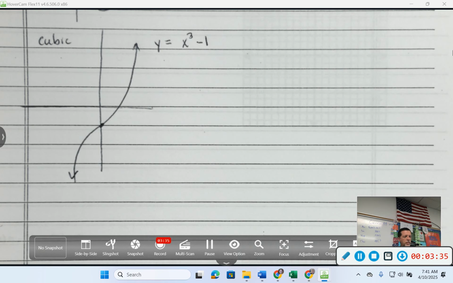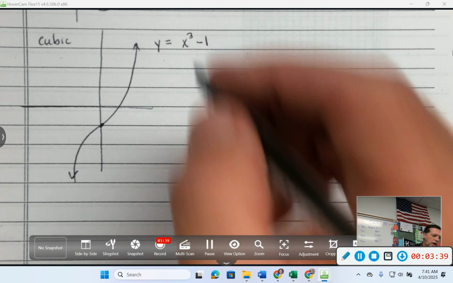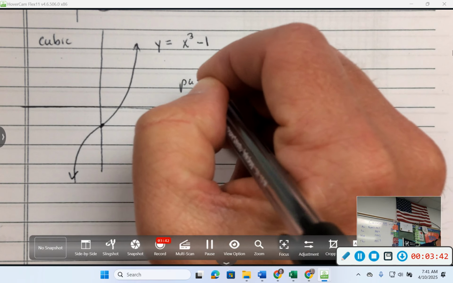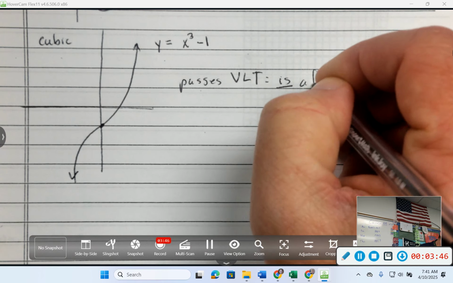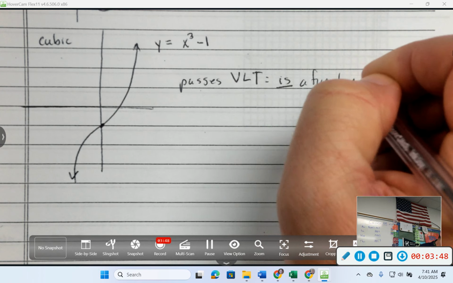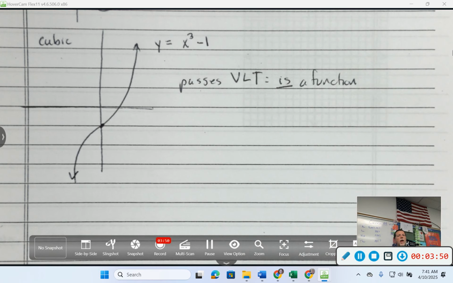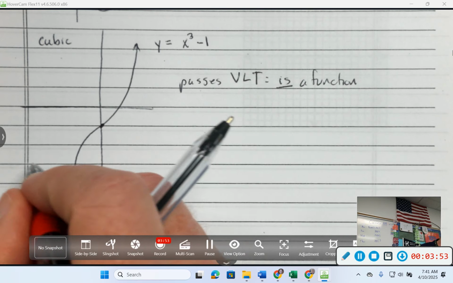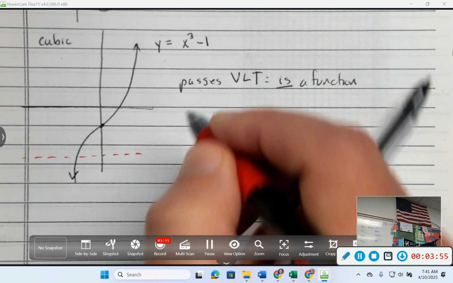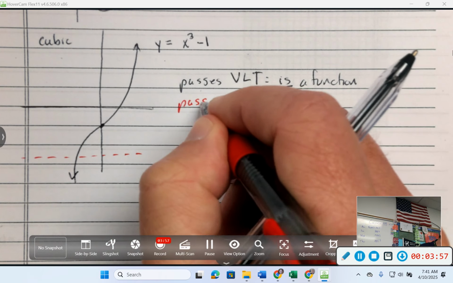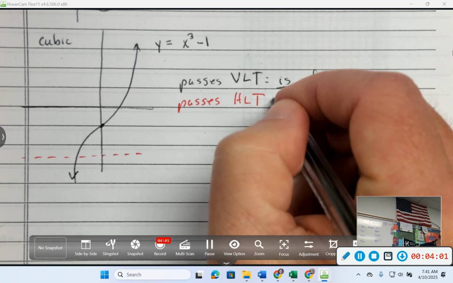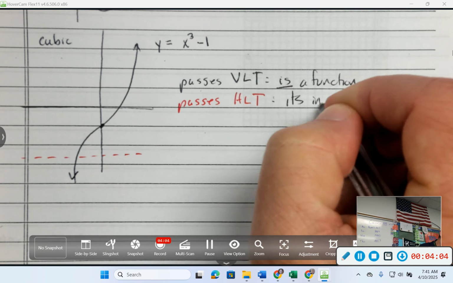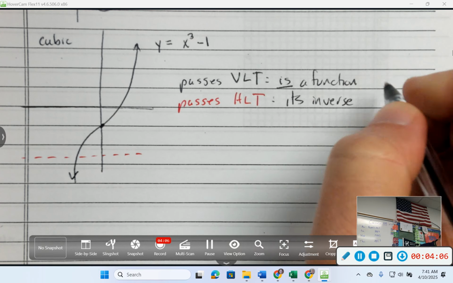So what do we think about the vertical line test? Sure, it passes the vertical line test, so it is a function. I would say it passes the horizontal line test as well, right? Any horizontal line you draw is only going to intersect once. So it passes the horizontal line test. That means its inverse is a function.